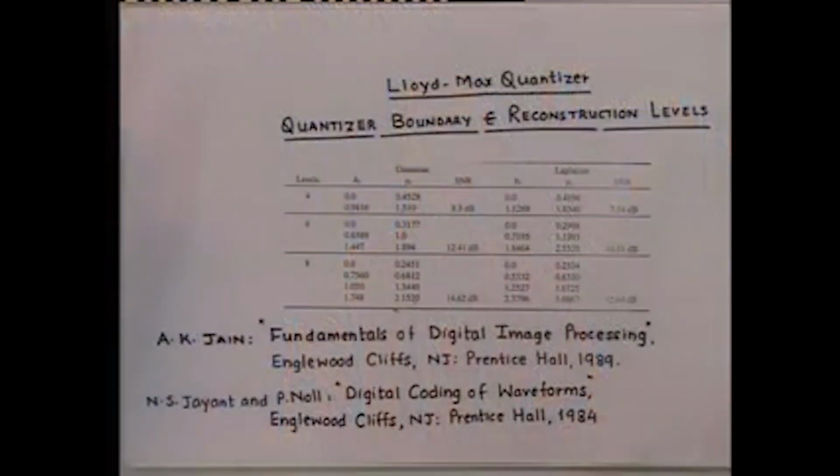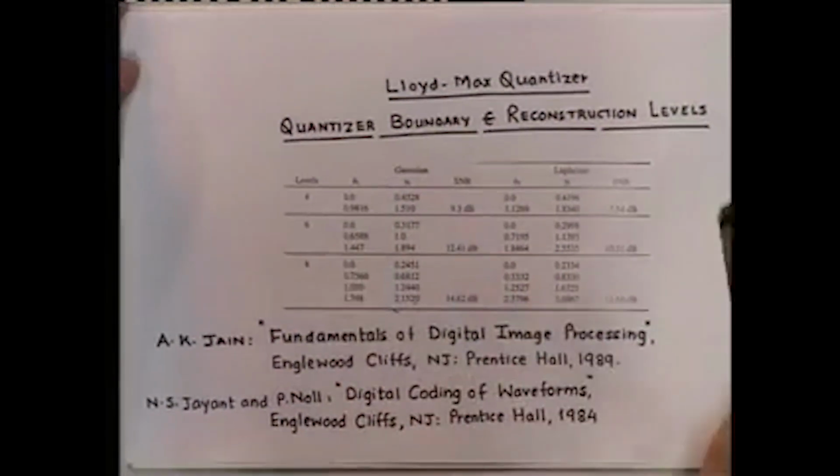It is important to remember that while designing both uniform and non-uniform PDF optimized quantizers, it is essential to know the input source probability density function and the parameters associated with this PDF.